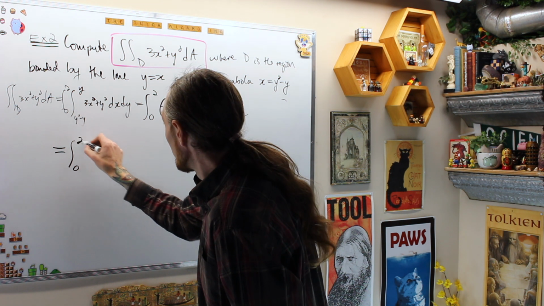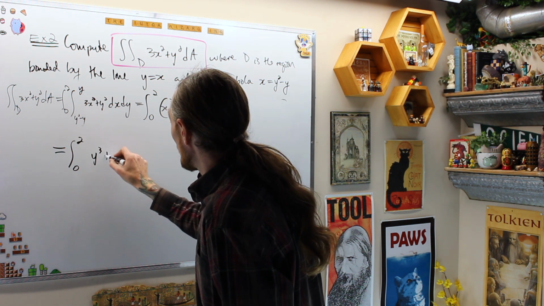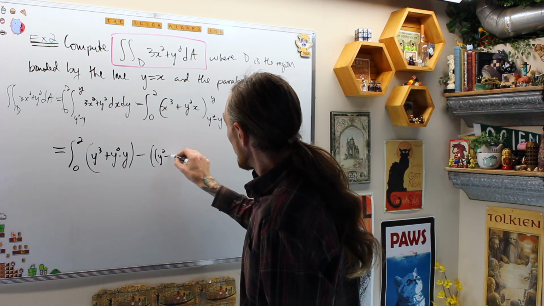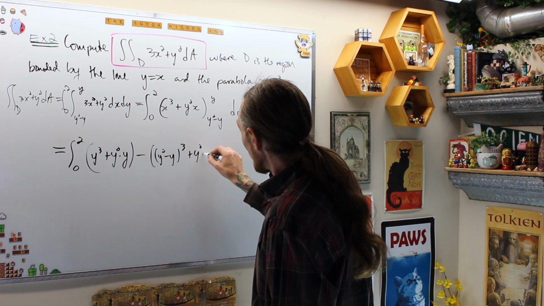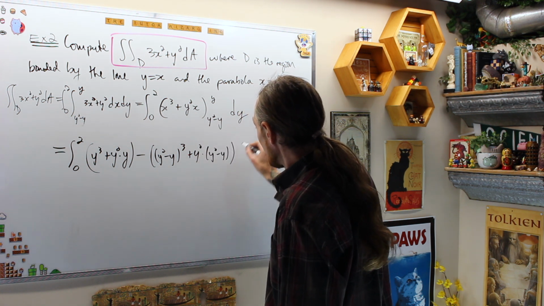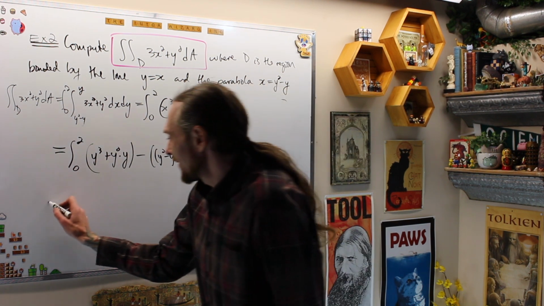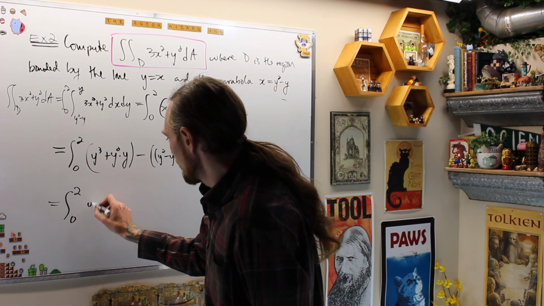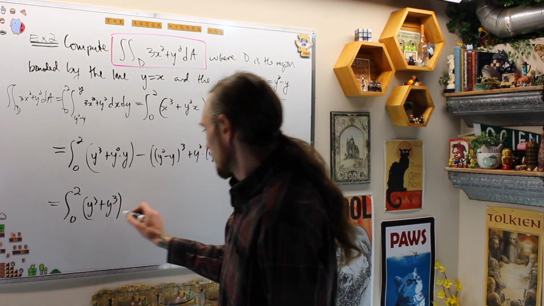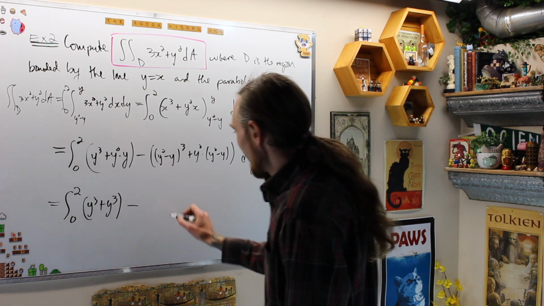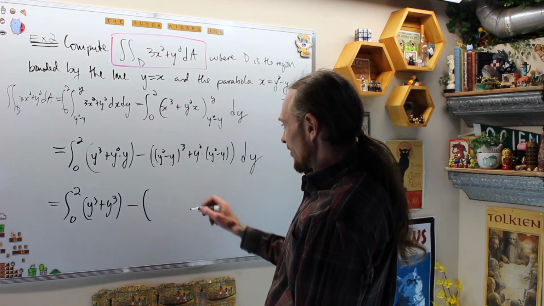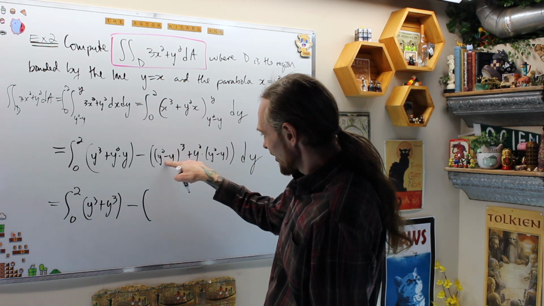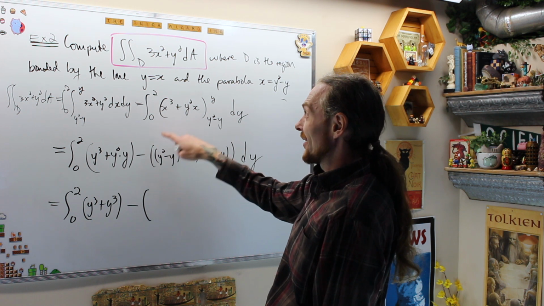I get the integral from 0 to 2 of y cubed plus y squared times y minus y squared minus y cubed plus y squared times y squared minus y dy. Simplifying this, we get the integral from 0 to 2 of y cubed plus y cubed, which is 2y cubed, minus this one by the binomial theorem, the coefficients should be 1, 3, 3, 1, and then the sign should alternate, and then I should start at 6 and go down to 3.